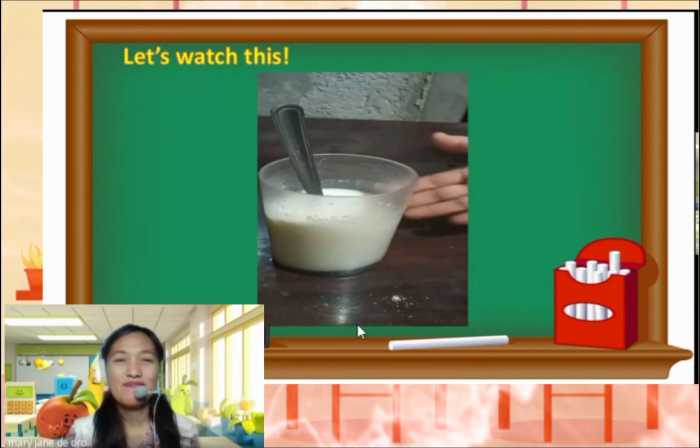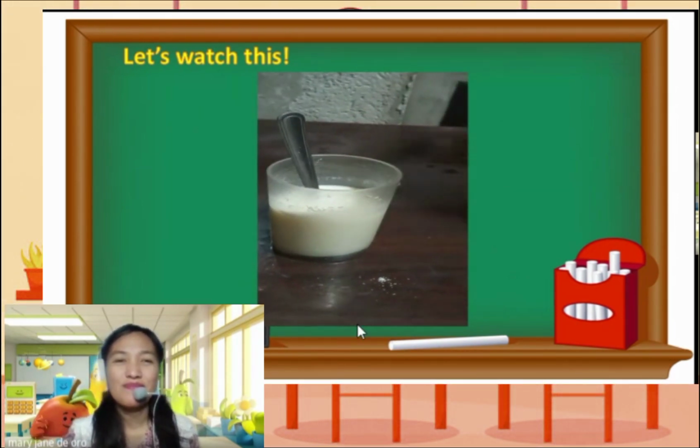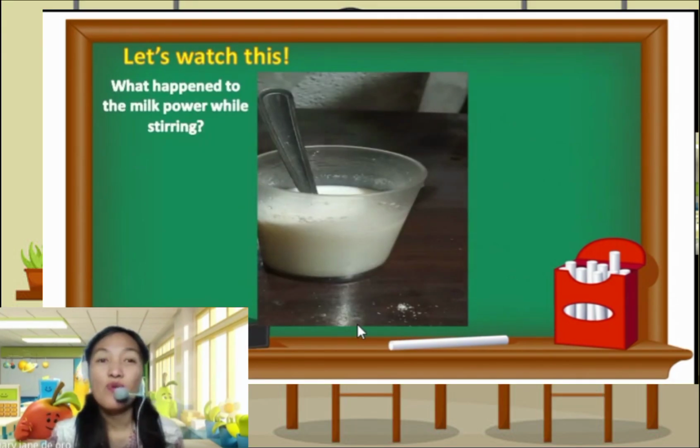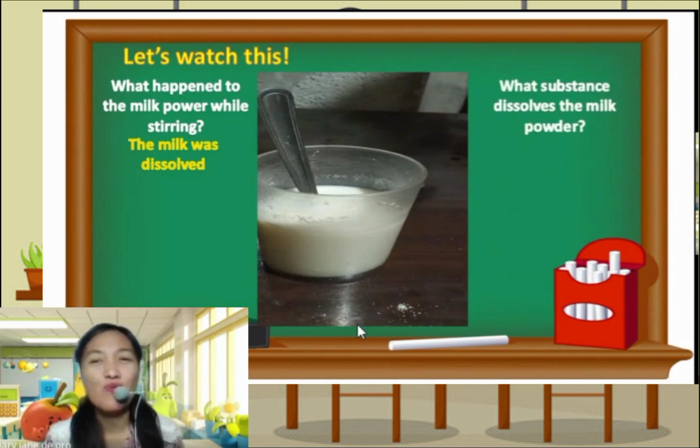Okay. What happened to the milk powder while stirring? Yes, the milk was dissolved. What substance dissolves the milk powder? Yes, you're right. It's the water.